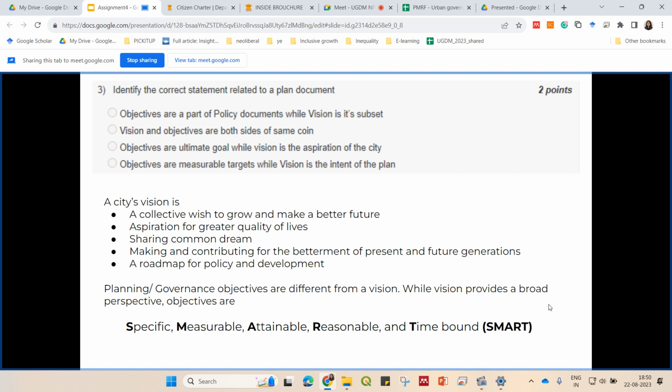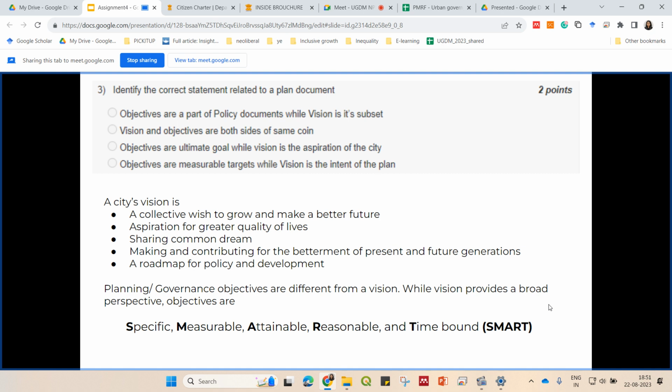It looks to fulfilling the current needs of the city, but also looks to fulfilling the needs of a generation or a population which might inhabit the city at some later point of time. Also, it is a roadmap for policy and development. So it provides a base layer on which certain policies and development programs for the city's development can be built.